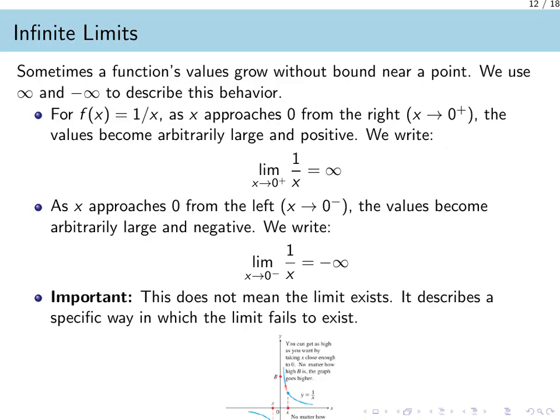The most important point here is that using the infinity symbol does not mean the limit actually exists. This notation is simply a way to describe a specific reason why the limit fails to exist, which is that the function's behavior is unbounded.